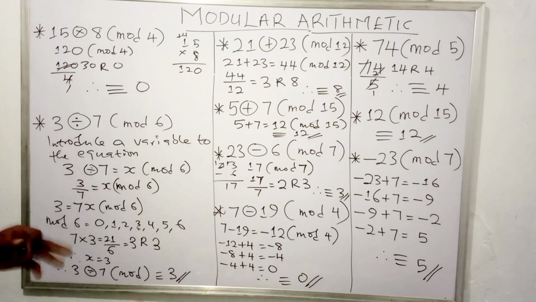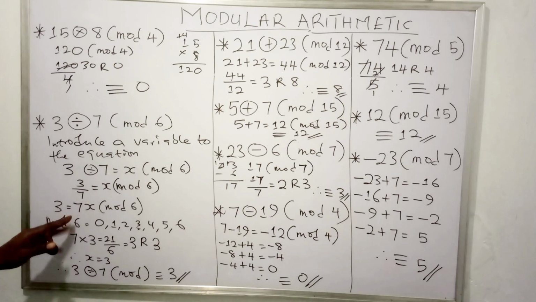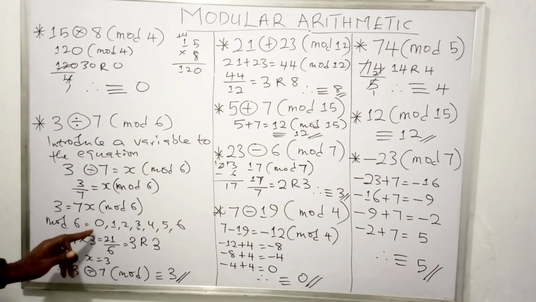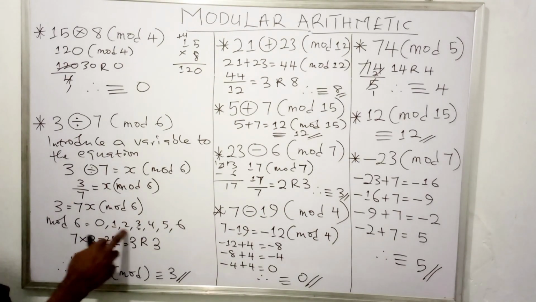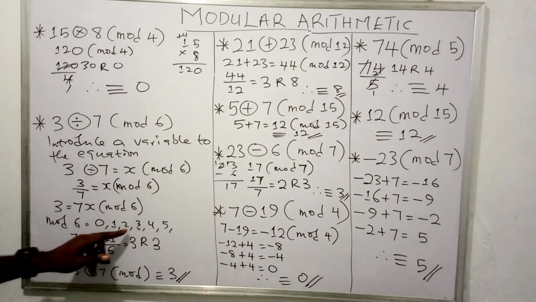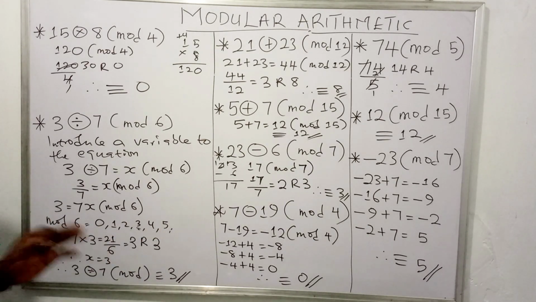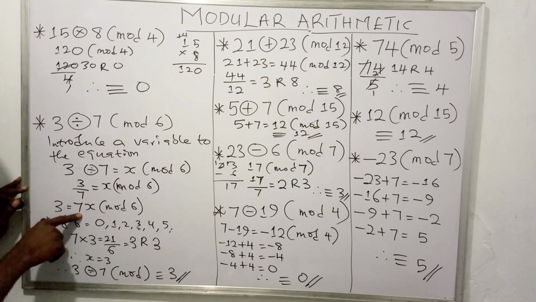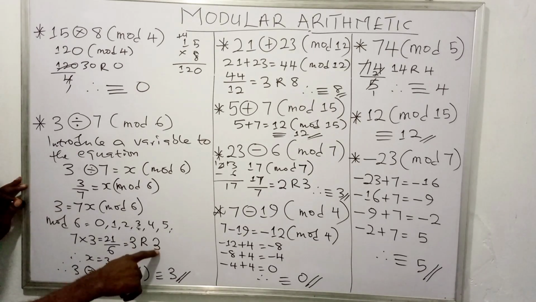So for a division, you simply introduce a variable and express that as a fraction. Then when you cross multiply, you bring out the numbers that represent this mod, from 0 to 5. Sorry, that should be 6 digits: 0, 1, 2, 3, 4, 5. Then you use the trial and error method to look for the number that will multiply the 7 here to give you a product that will divide by this mod and produce a remainder of 3.